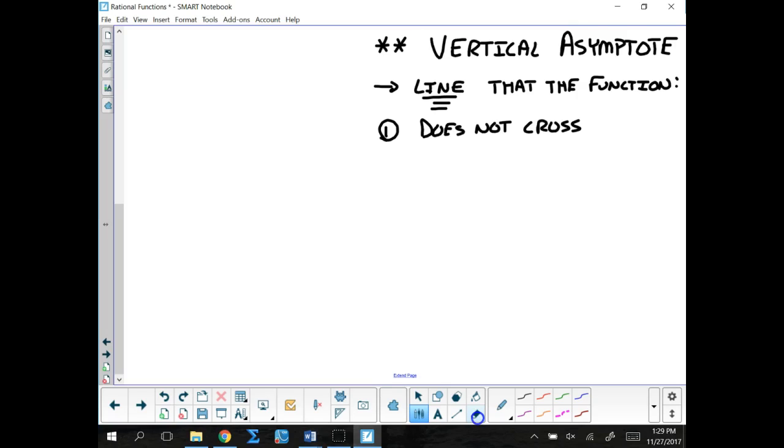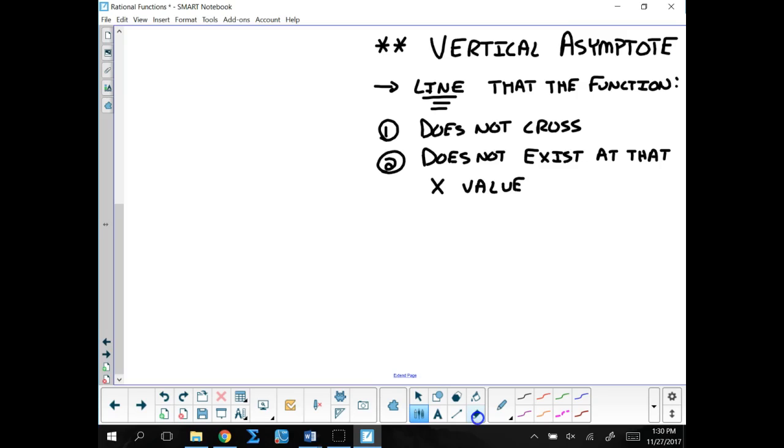Okay? So it doesn't cross the vertical asymptote, and the function doesn't exist at that x value. Okay?